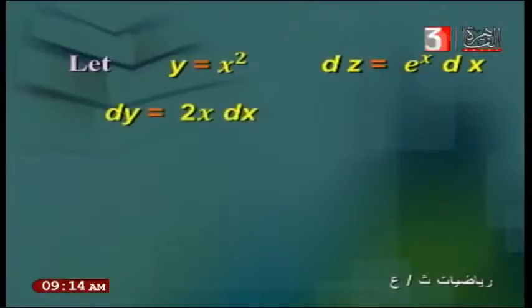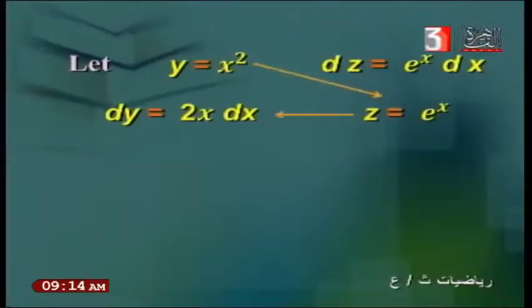We can differentiate both sides of the first part, then the differentiation of y is dy, and the differentiation of x squared equals 2x dx, and the integration of dz equals z, and the integration of e to the power x dx equals e to the power x.